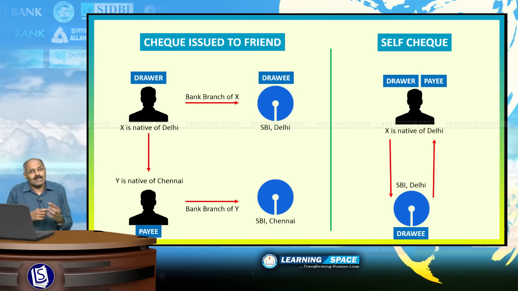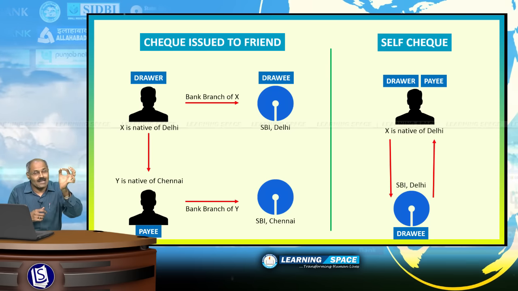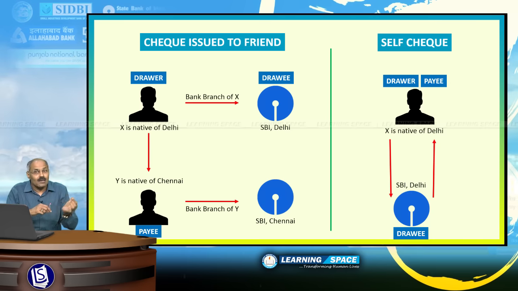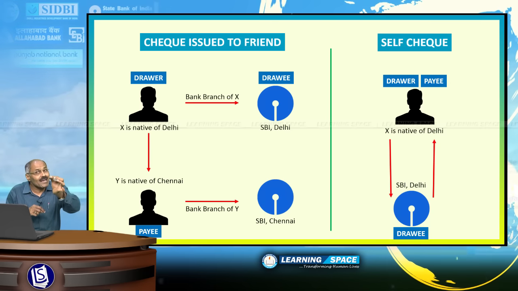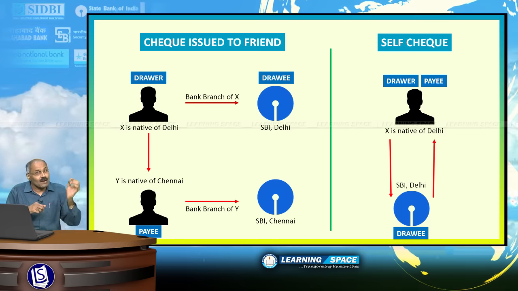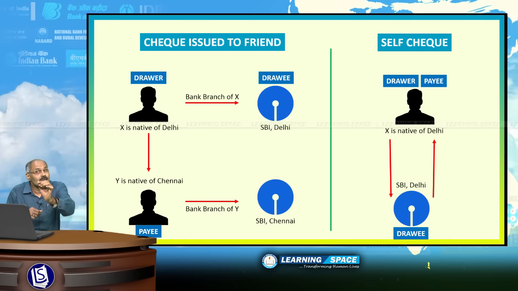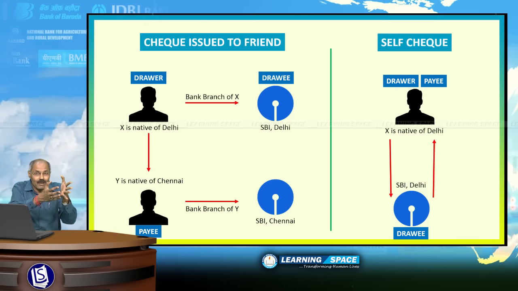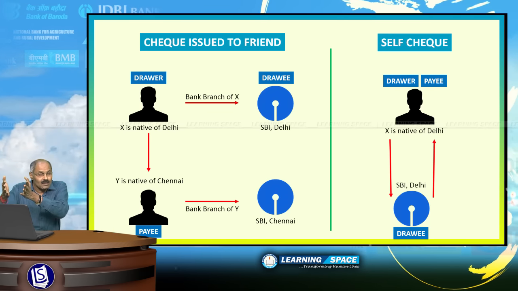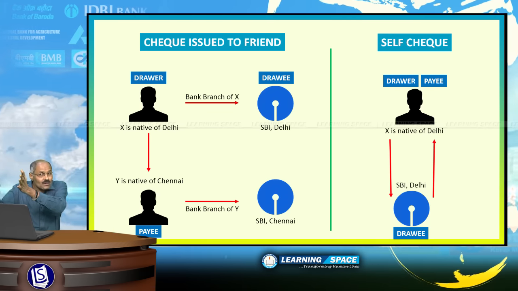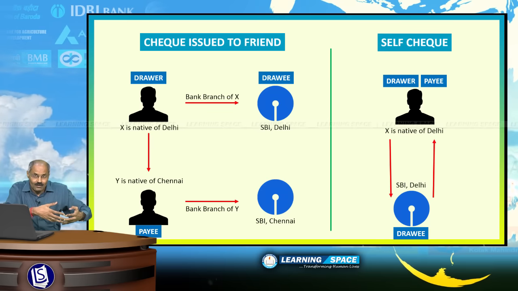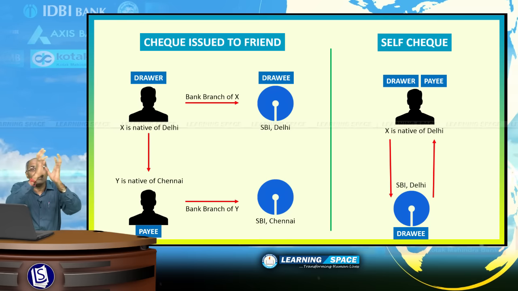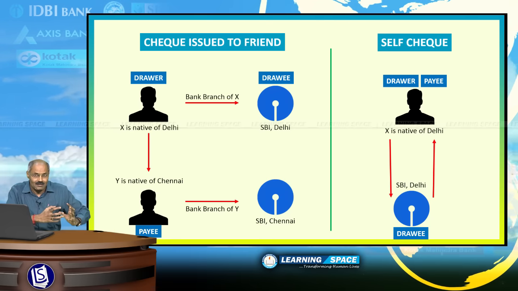So, here the drawer or maker of the check is X. Whoever is giving the check is the drawer or maker of the check. And the drawer's branch is the drawee branch. Here X is drawer, his branch SBI Delhi is drawee branch and his friend Y in Chennai is payee: drawer, drawee, payee, right.